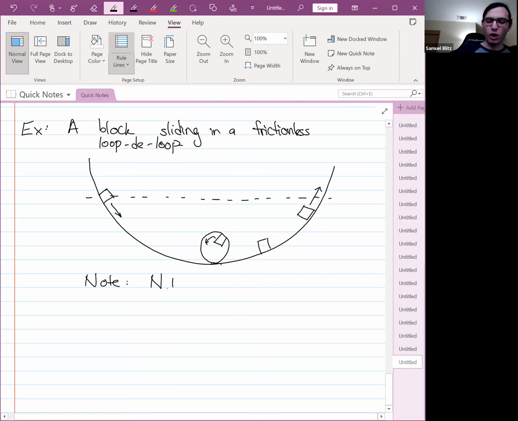But the normal force is always perpendicular to the velocity because the object is sliding along the path, and the normal force is always perpendicular to the path. And so what that means is that the normal force is always perpendicular to the path length vector.